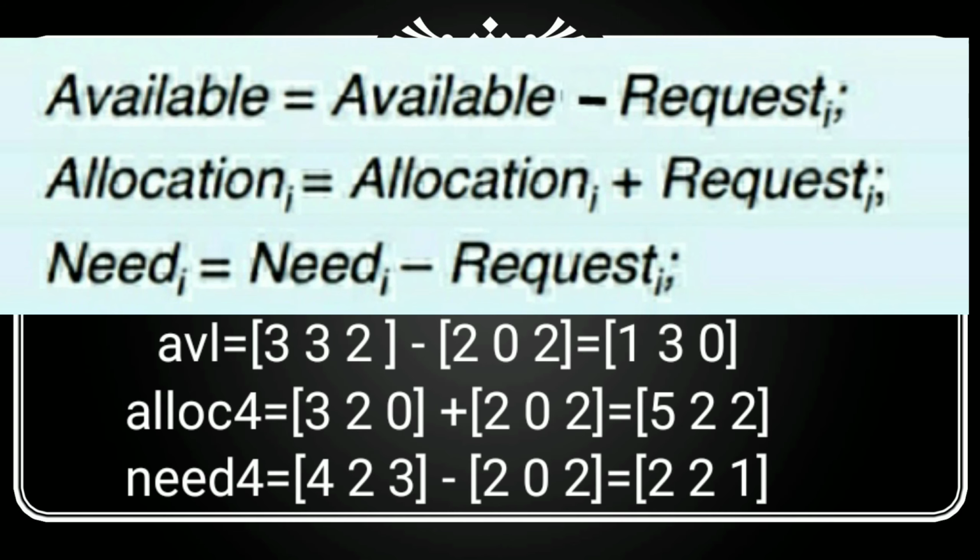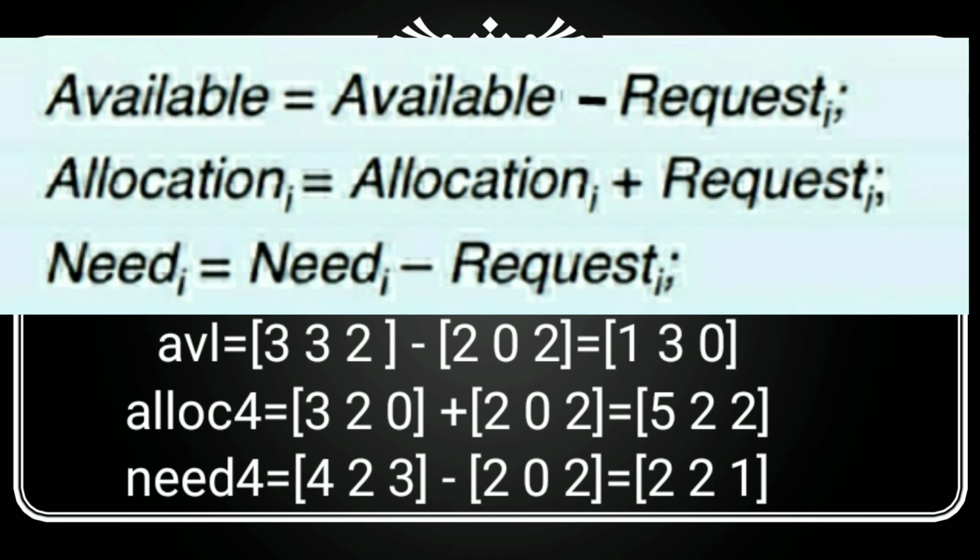So Available equals 332 minus 202, that is 130. Allocation4 is 320 plus 202 equals 522. Similarly, Need4 is 423 minus 202 equals 221. All of these are vector representations, so simply subtract the first item from the corresponding first item, the second item from the corresponding second item, and the third from the corresponding third.